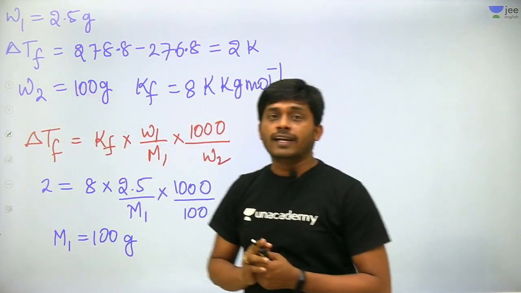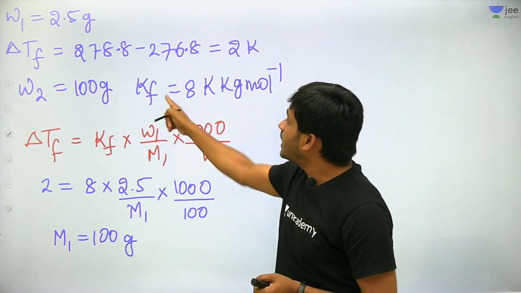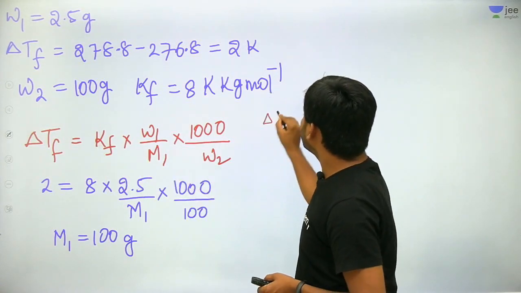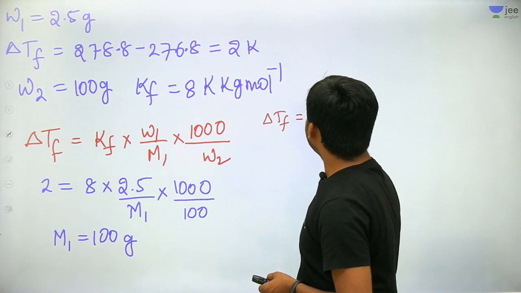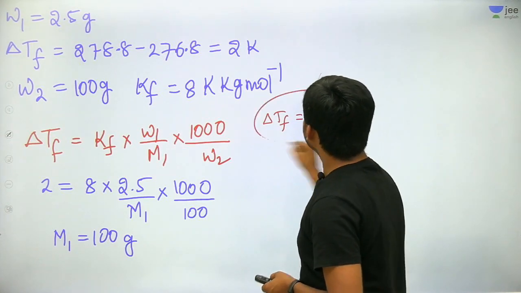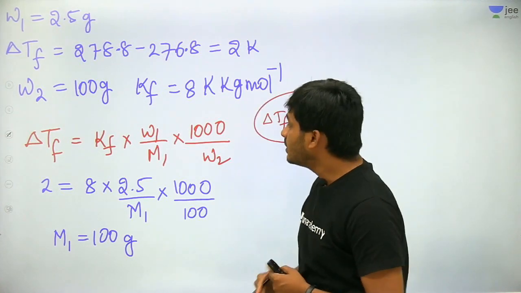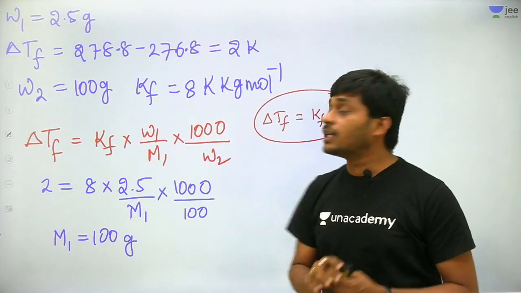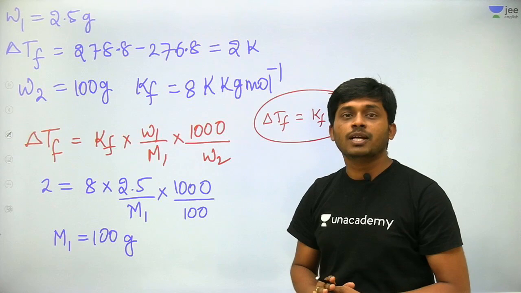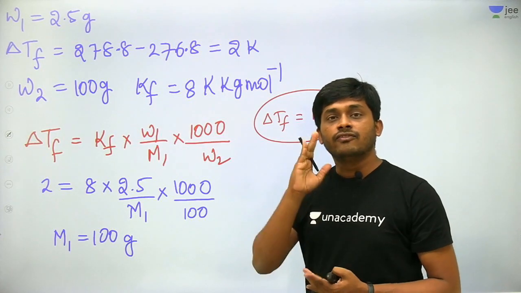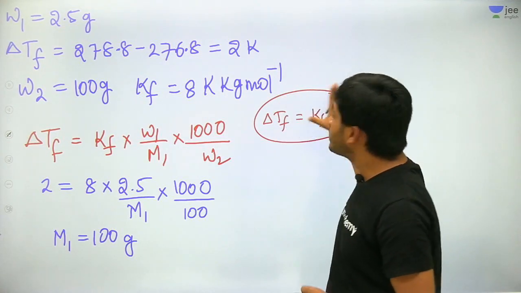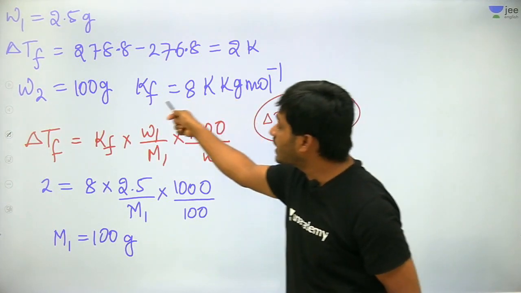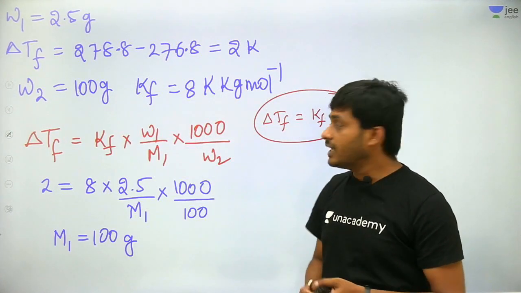So mass of solvent 100 grams, Kf is given. Just use this formula, delta Tf equal to Kf into m. So write this, because without formula you never solve any question, because you never get full marks. First write formula. This is our formula. Kf is given. We are writing molality formula.